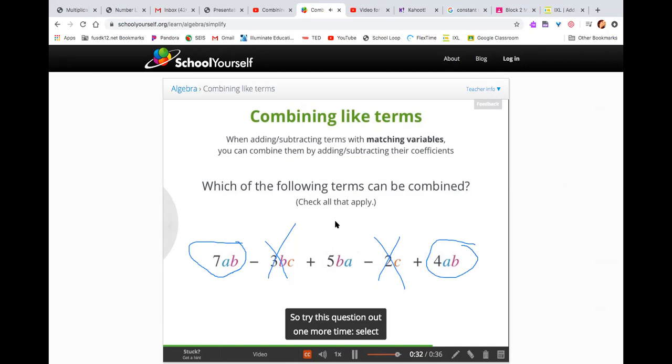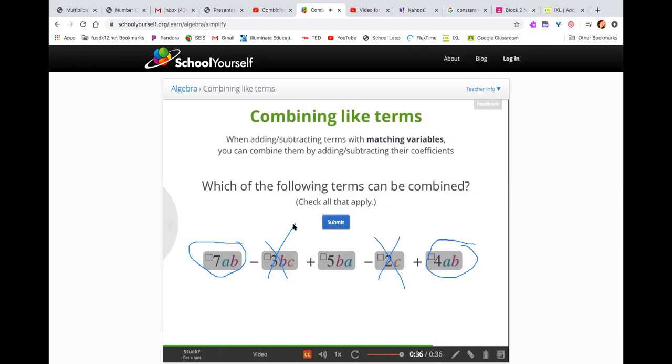So try this question out one more time. Select all the terms that can be combined. Okay, so we said this one was a yes and that one was a yes. According to the video, even though the orders are switched, is 5BA also a like term? Yes. Okay, that's tricky. I understand.